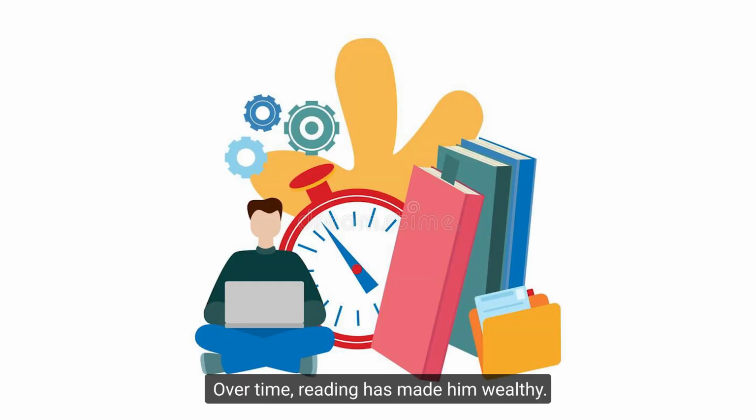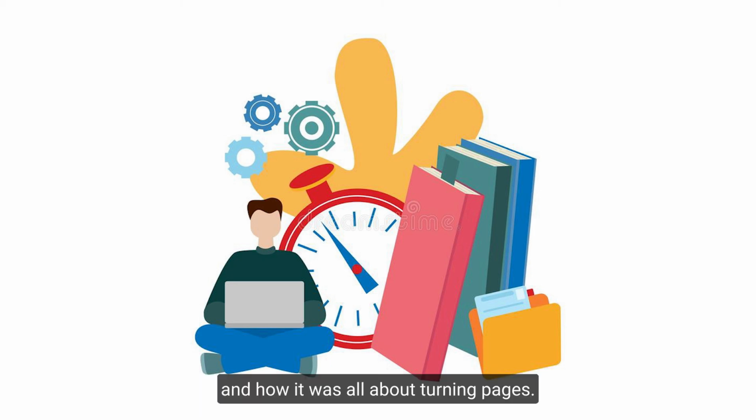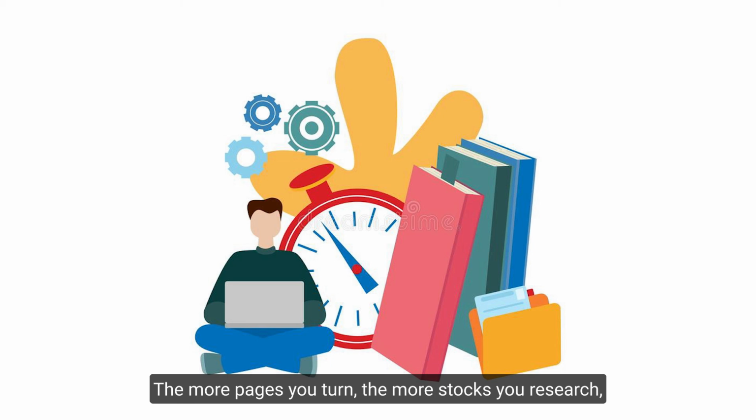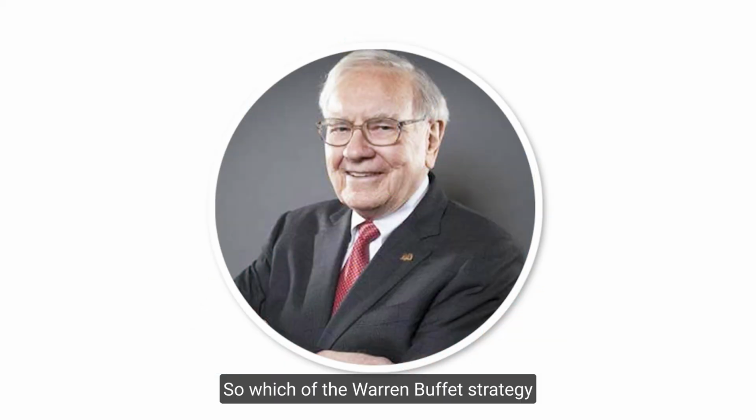Over time, reading has made him wealthy. He related a story about looking through Moody's manuals in 1951, and how it's all about turning pages. And the more pages you turn, the more stocks you research, and the more you understand about investing, the better your returns will be. So, which of the Warren Buffett strategies have you found to be particularly beneficial?